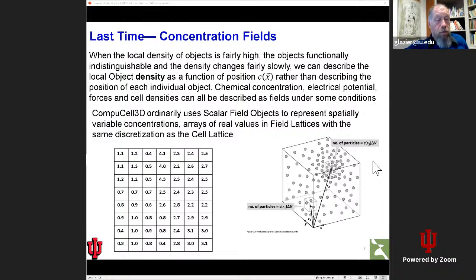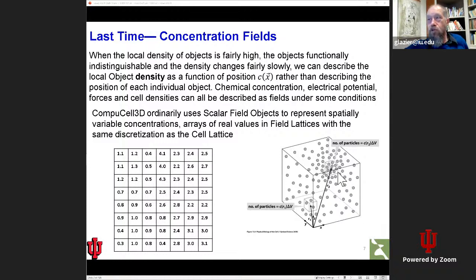And our ability to talk about a concentration depends on there being some volume in space that has enough molecules in it that there is a relatively continuous variation in the density of molecules per box as we move in space. And the boxes are also small enough that we have some meaningful spatial variation over the system we're looking at.